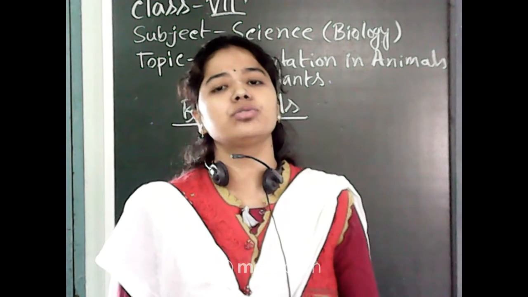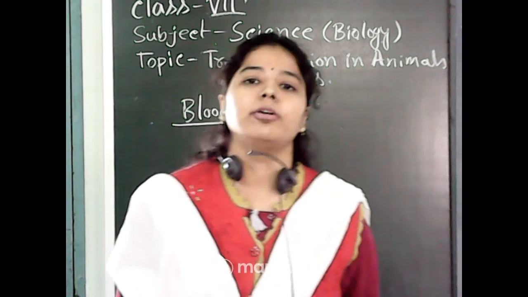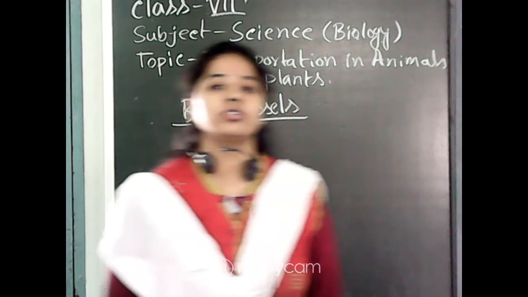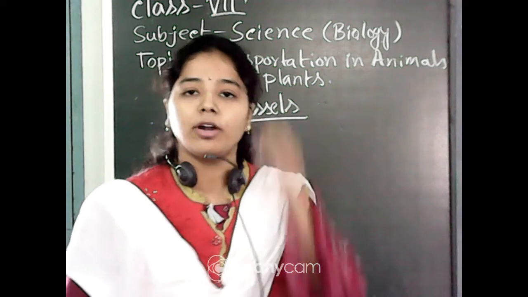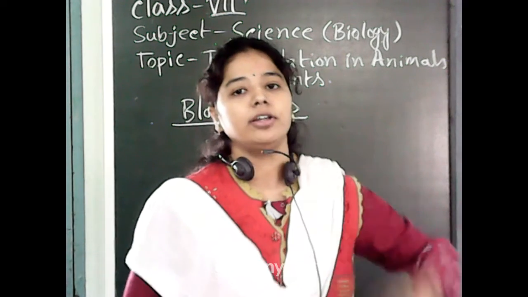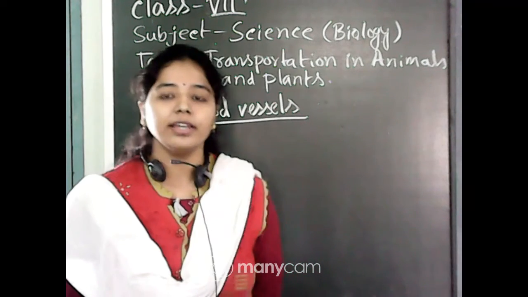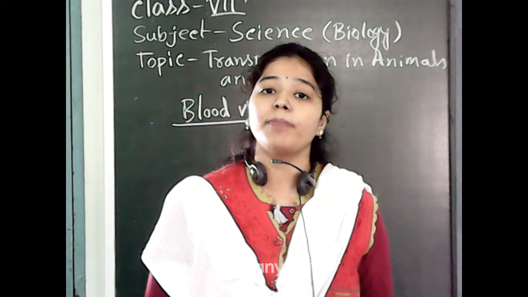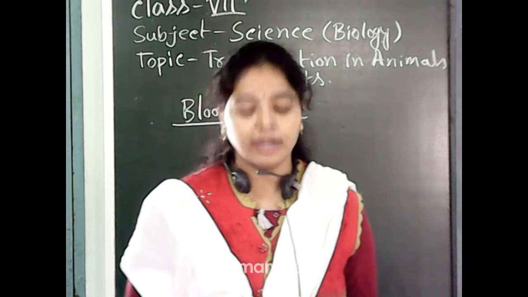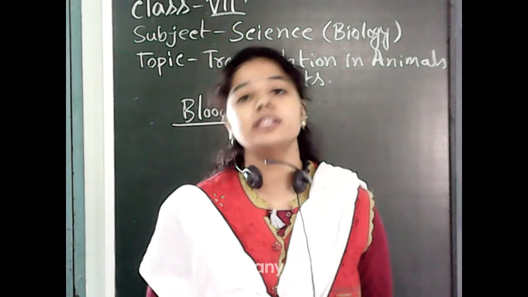They run between the heart and the rest of the body and vice versa. These blood vessels are very important, and there are mainly three major types of blood vessels present.